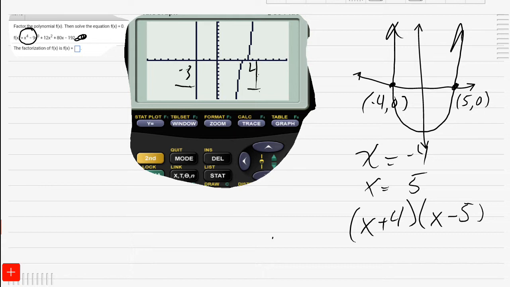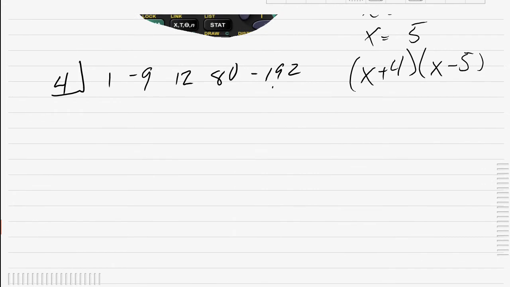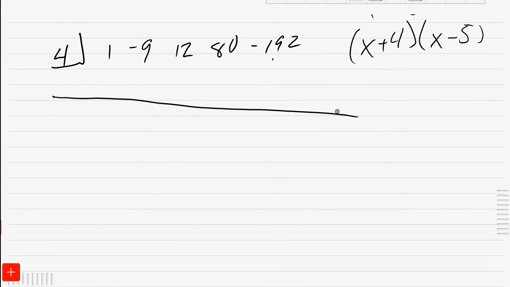So I'm going to take, let's see, I'll do the 4 first. And it's 1, negative 9, 12, 80, negative 192. So remember, you always bring down this one first. 1 times 4 is 4.